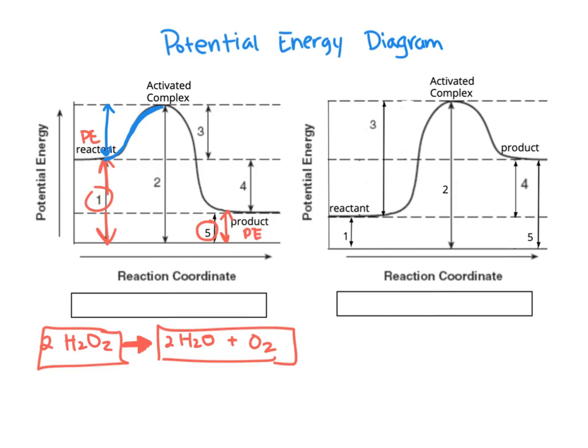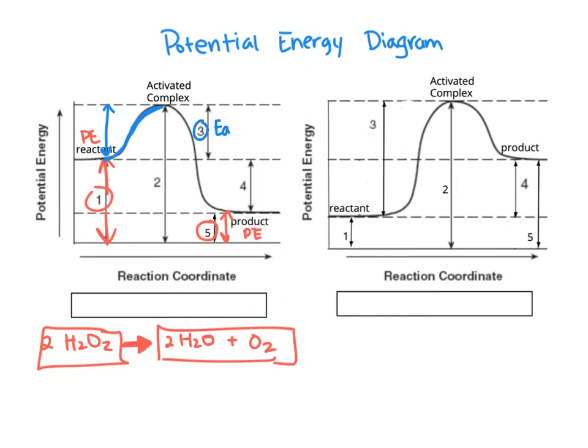So this number 3 represents the activation energy, or I'm just going to use the symbol E sub A. Again, as a reminder, activation energy is the minimum amount of energy that's required for this reaction to occur.